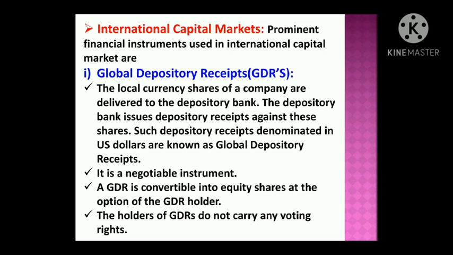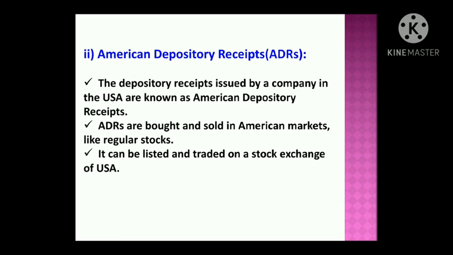And the next financial instrument is American Depository Receipts, shortly ADR. Then what are American Depository Receipts? The depository receipts issued by a company in the USA are known as American Depository Receipts.